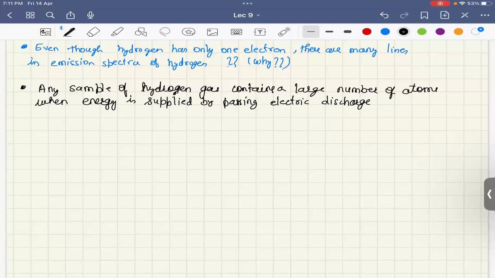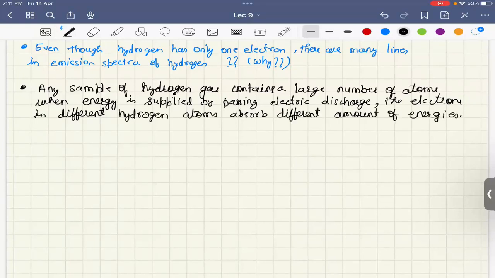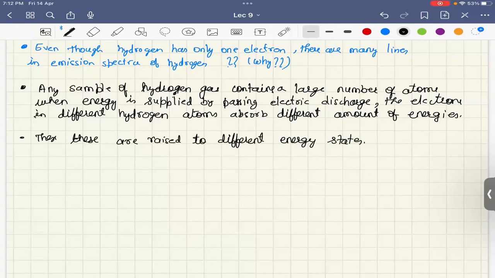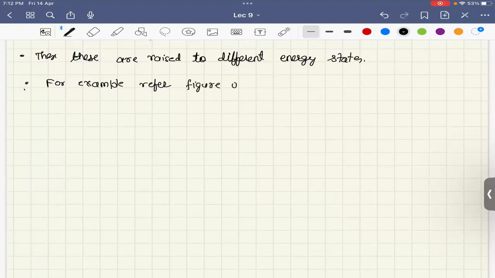When energy is supplied by passing electric discharge, the electrons in different hydrogen atoms absorb different amounts of radiation, right? Therefore, these are raised to different energy states. For example, figure on next page, right?